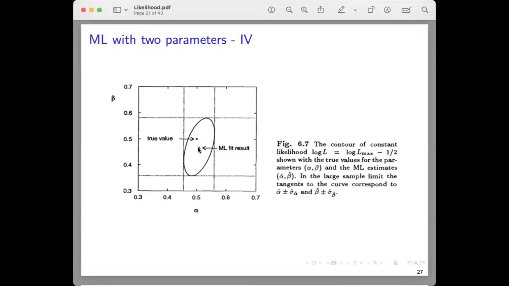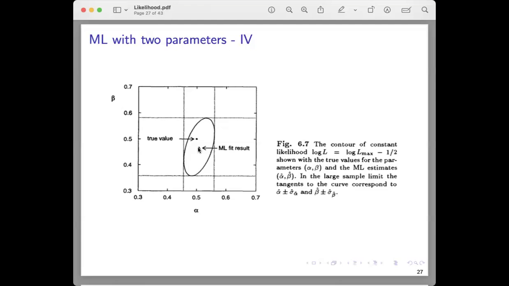Yeah, the ellipse is basically the points where you have the maximum likelihood. You maximize the likelihood, you get the best fit value, right? Now you can change the value of the parameters alpha and beta, and then find the position where the log likelihood is the maximum value of the log likelihood minus half.